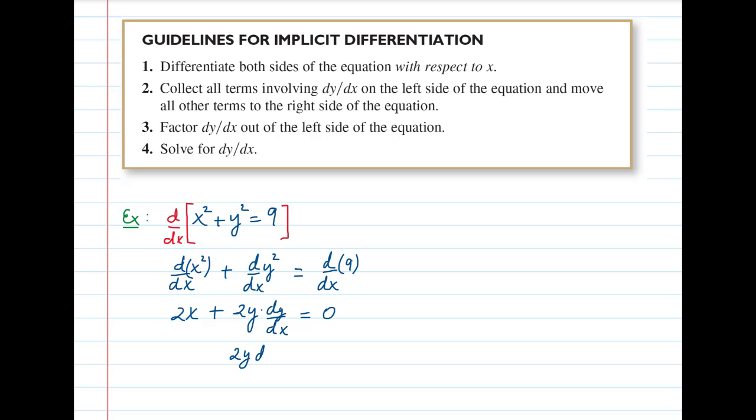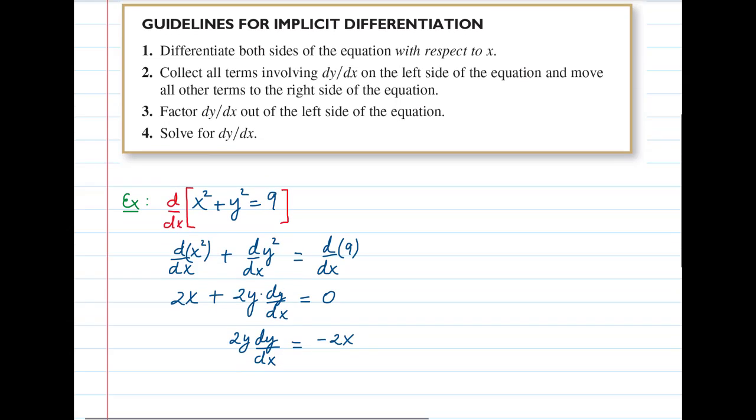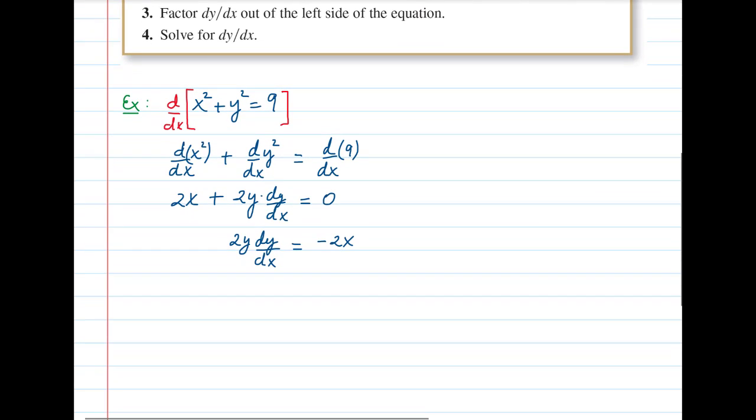Okay? And the next step is to go ahead and move everything else that doesn't have dy/dx. Any terms that don't have dy/dx, move them to the right side. Keep the dy/dx on the left. And then we're going to factor. In this case, we don't have to factor anything because we only have one term. Well, we just solve for dy/dx.